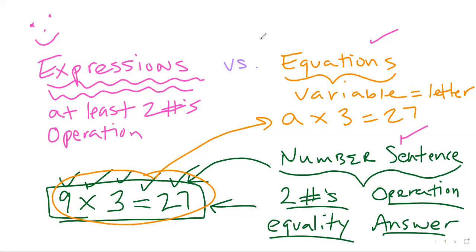It's just translating the math and thinking about the math, but you're not literally solving things. So a good expression might be, well, I'll just use the ones I have here. If I took my number sentence, this would be the expression part, 9 times 3. That's it. That's an expression. There's no equal. There's no answer. It's just 9 times 3.